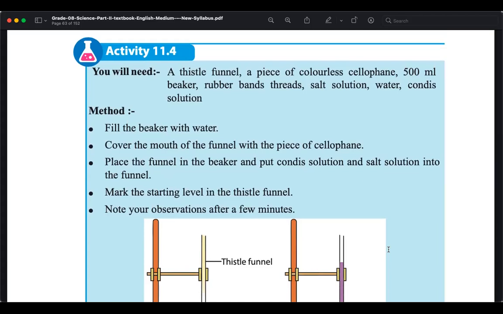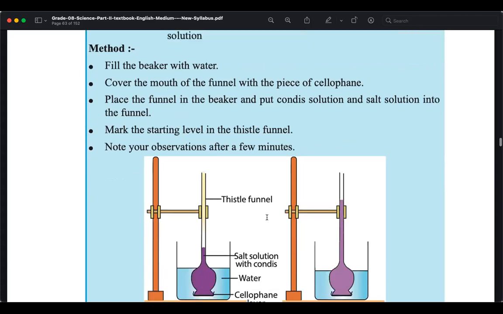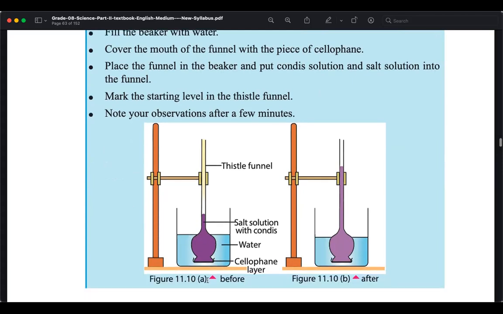And a crystal funnel, and also a 500 milliliter beaker, a rubber band, and salt solution. You have to put the salt solution into this funnel. Then it should be kept in water, in this beaker, or we can use a water basin.